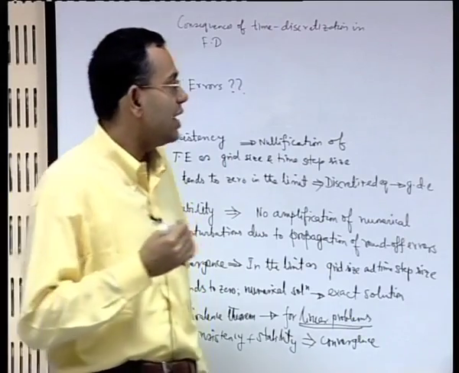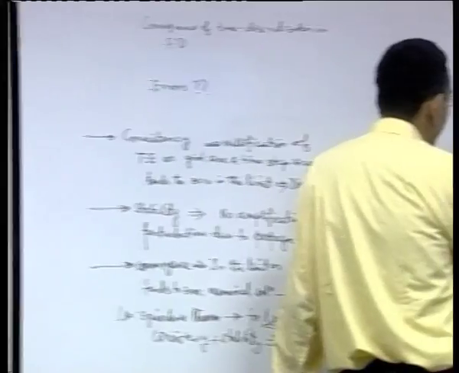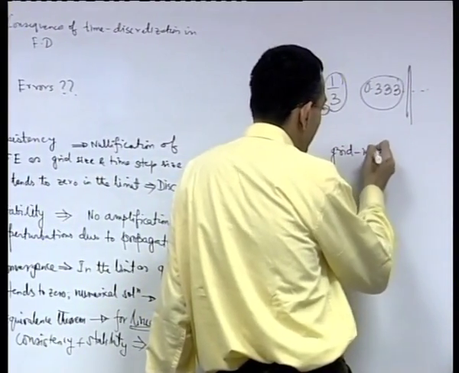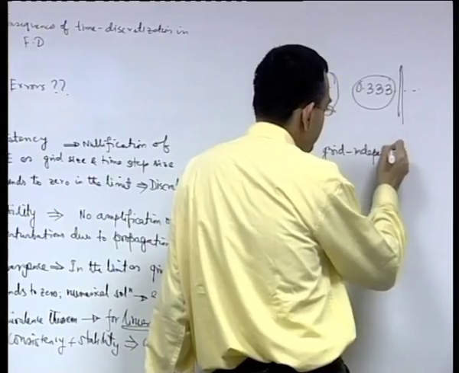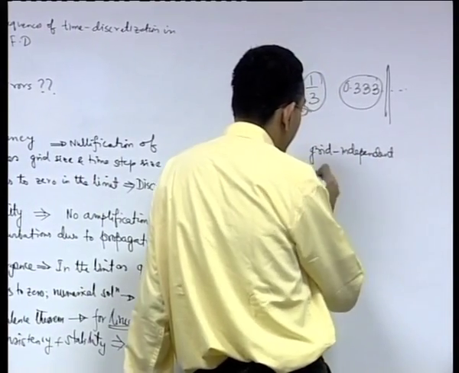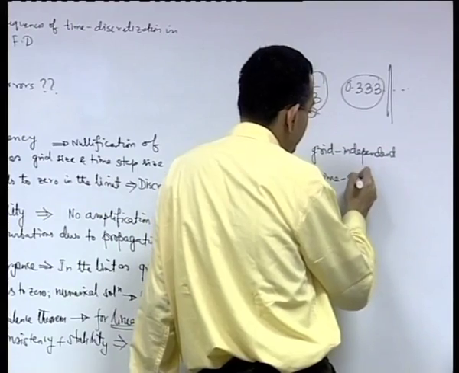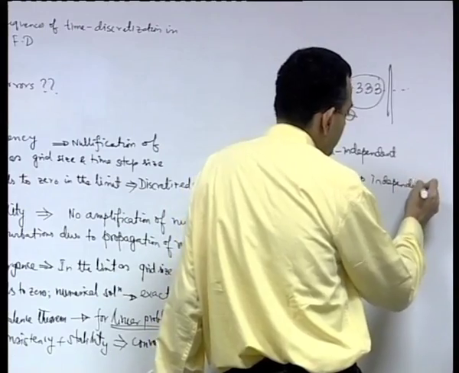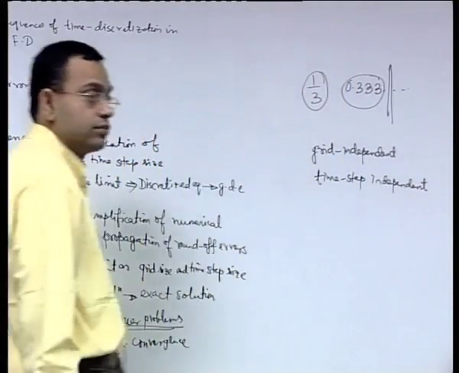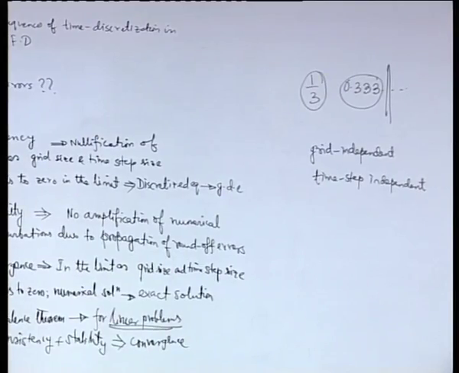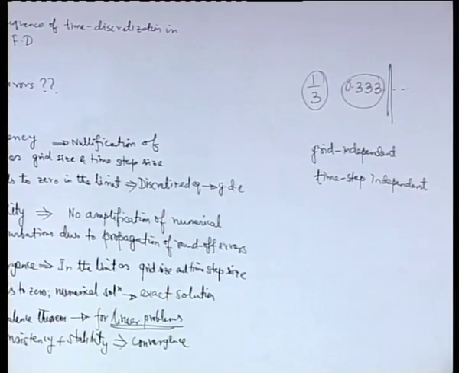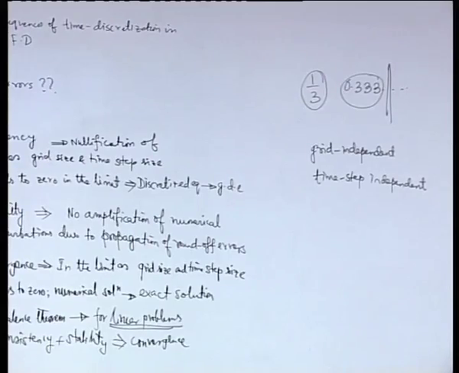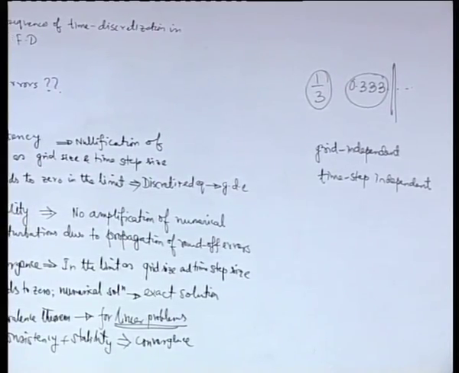We say that the solution has become grid independent and time step independent. So, a grid independence or time step independence study is what is required for a nonlinear problem.